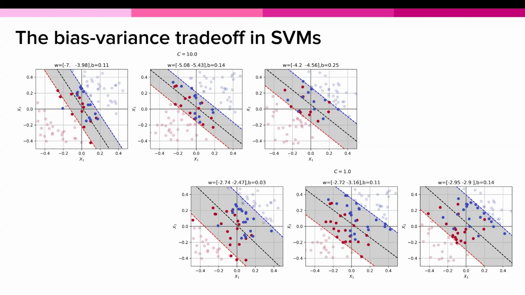And we saw that change quite a bit from training data set to training data set. And then in the dual form of the SVM, we saw that small C meant that no one data point could have a large contribution to the learned decision boundary. This meant that it would tolerate more margin violations and misclassifications and result in a larger margin.